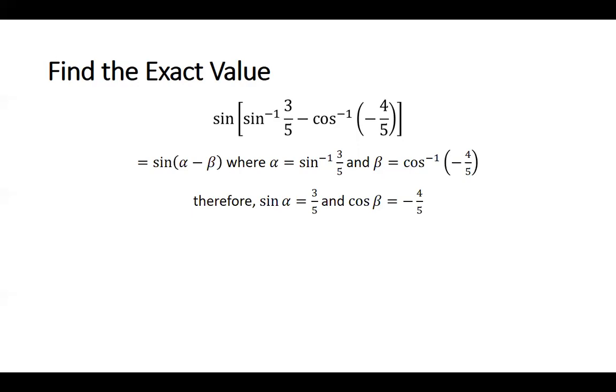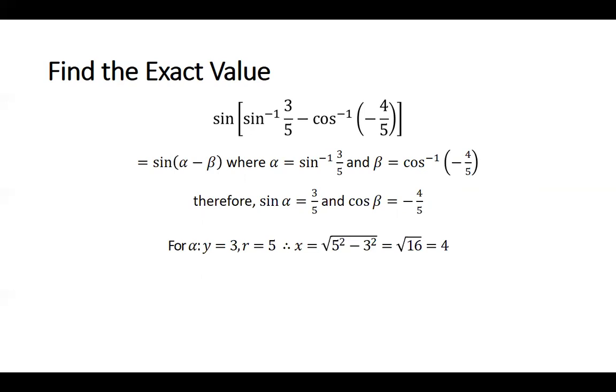Again, you've got that trigonometric ratio in there from the inverse cosine. So now that we have that, we can do the same thing we did a couple slides back, where we use the fact that we know what the ratios are for a function with alpha and a function with beta, and we can find the missing piece.